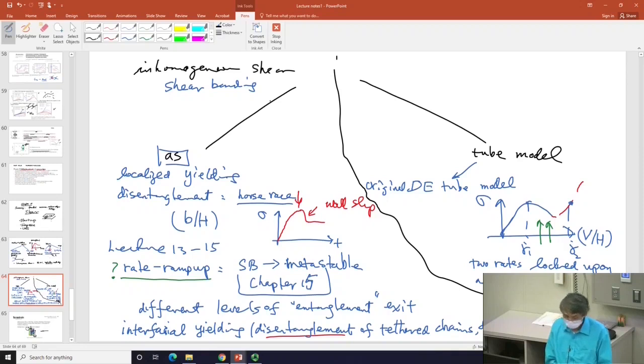So that's all I can think of. So we had shear banding, discussed in lectures 13 to 15, and this portion about the nature of shear banding is discussed in chapter 15.